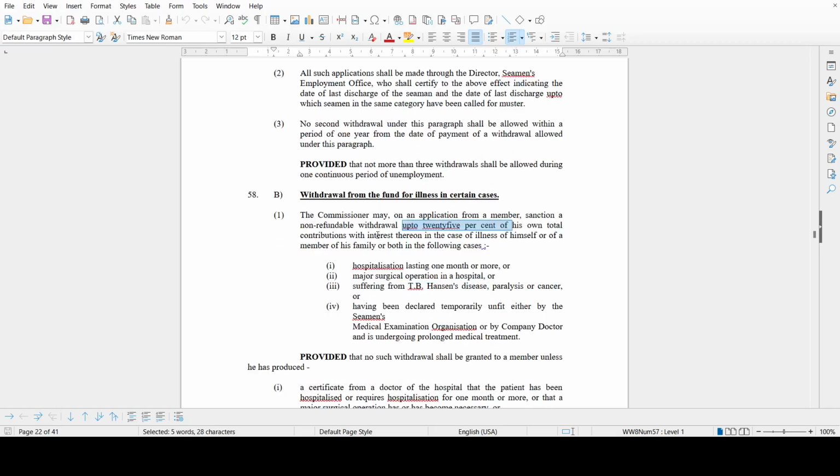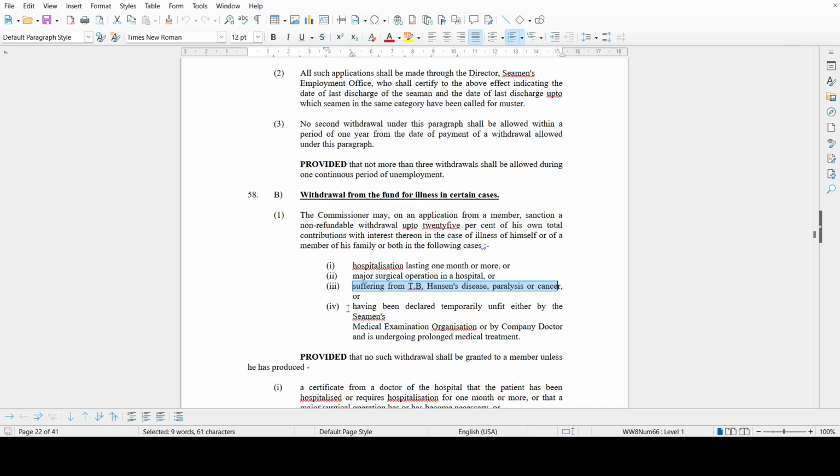What documents do you need to attach if you're going to apply under this condition? The first is hospitalization lasting 1 month or more. That's the first condition where you can apply for withdrawal. The second is major surgical operation in a hospital, or suffering from TB, Hansen's disease, paralysis or cancer.